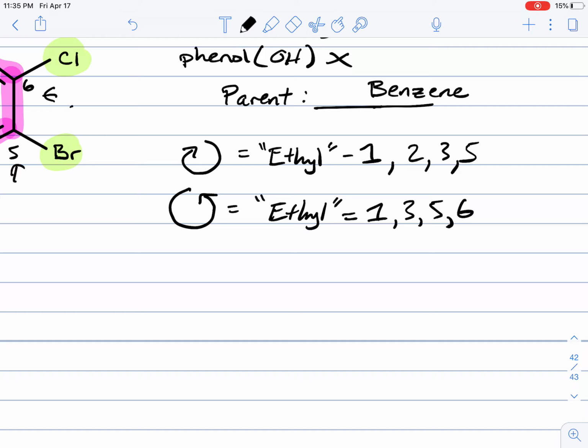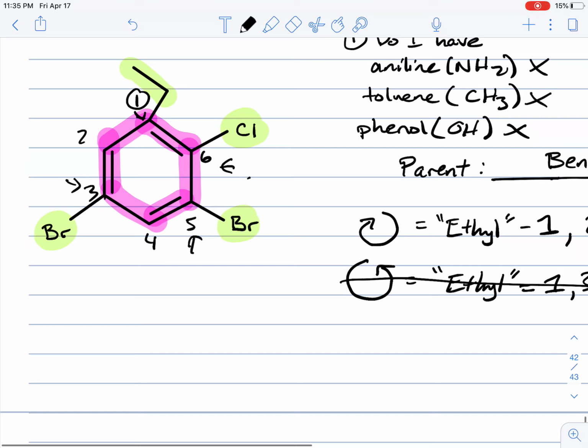So between the two, which one will have a lower set? The top one will have a lower set. So the counterclockwise version is incorrect.